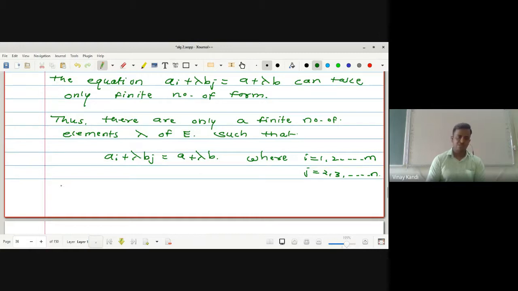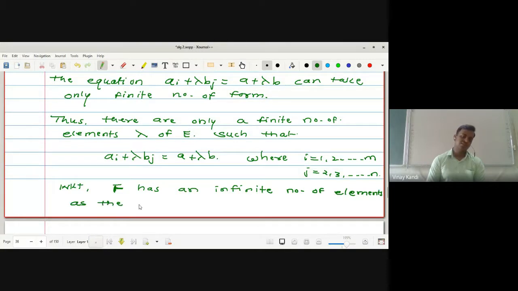Okay, but we know that F has an infinite number of elements. Your F has characteristic 0, and characteristic 0 means it is an infinite field. Okay, so F has an infinite number of elements. Okay, why?